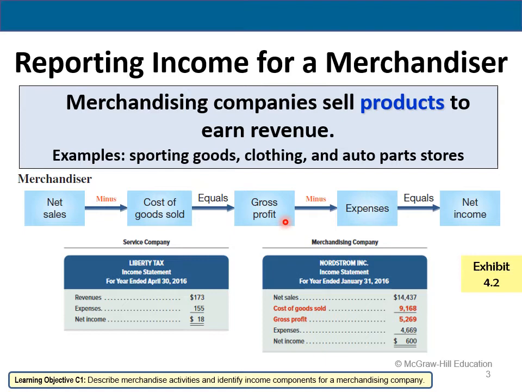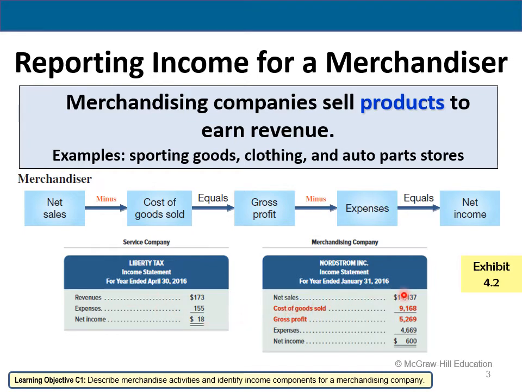Minus, and we'll sometimes call these operational expenses, these are the things that keep the lights on, the store clean, paying the staff. It gives you net income. And here we have an example of a service company: revenues, expenses, net income.